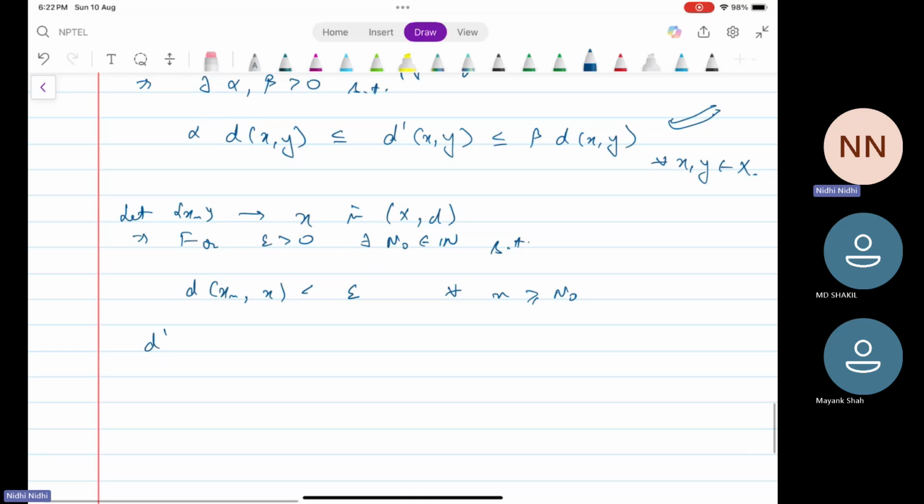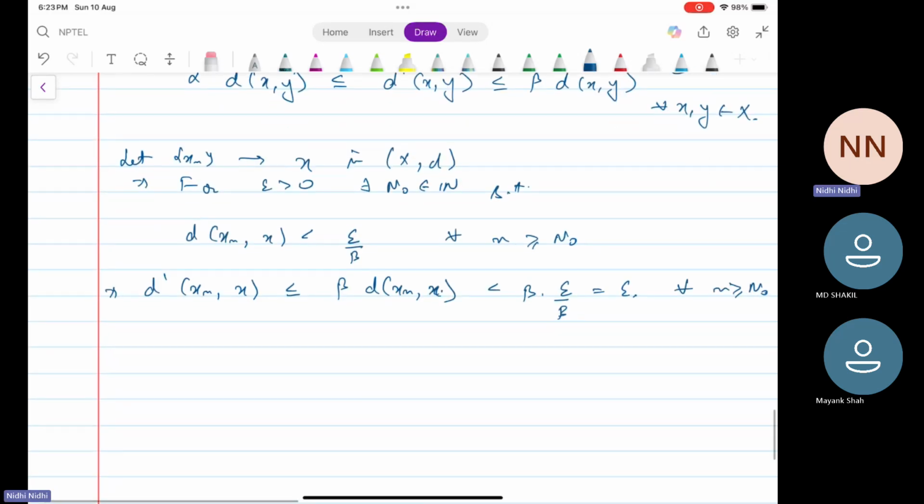Now this d'(x_n,x) is less than or equal to beta times d(x_n,x) by strong equivalence, and we know that d(x_n,x) is less than epsilon for all n greater than or equal to n naught. So if I take this to be epsilon by beta, I get this to be equal to epsilon. And hence d'(x_n,x) is strictly less than epsilon for all n greater than or equal to n naught. This implies x_n converges to x in (X,d'). Similarly, you can do the converse part.